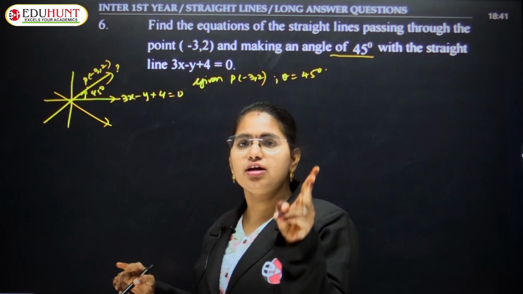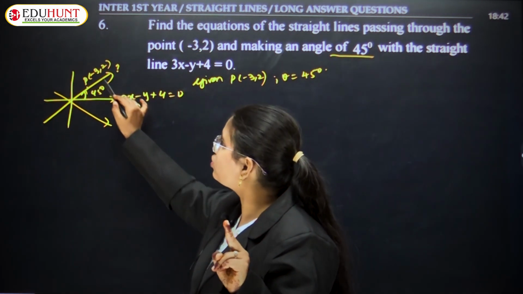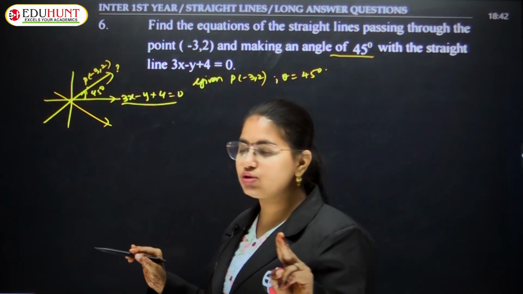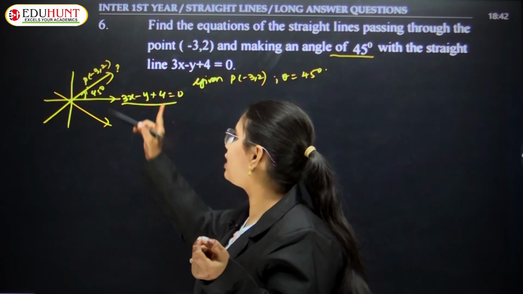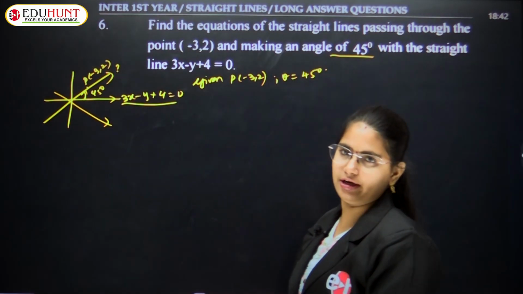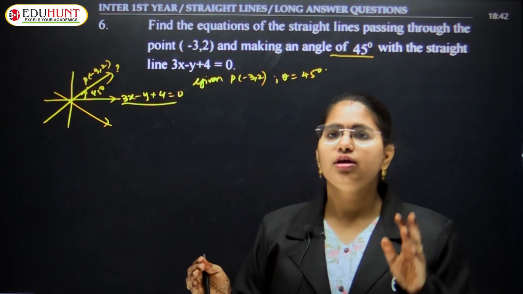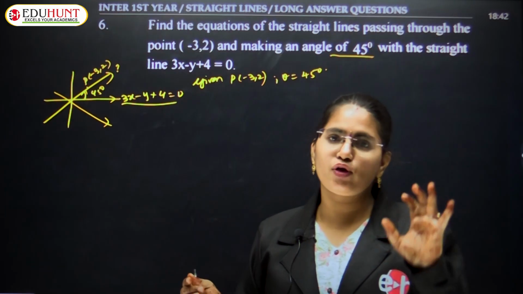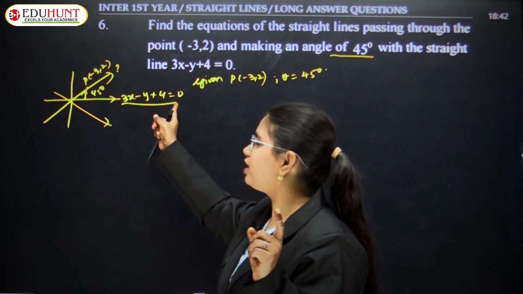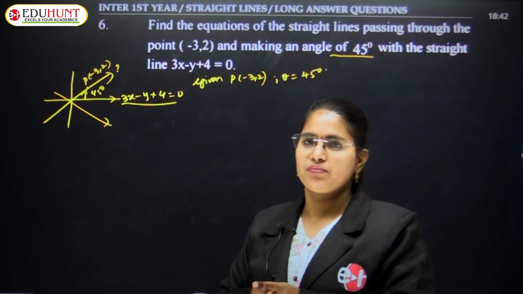So this 45 degree angle is between two straight lines: the first is 3x minus y plus 4 equal to 0, and the other straight line is the one you are required to find. Simply, 45 degree is the angle between the equation of the straight line you will find and 3x minus y plus 4 equal to 0.